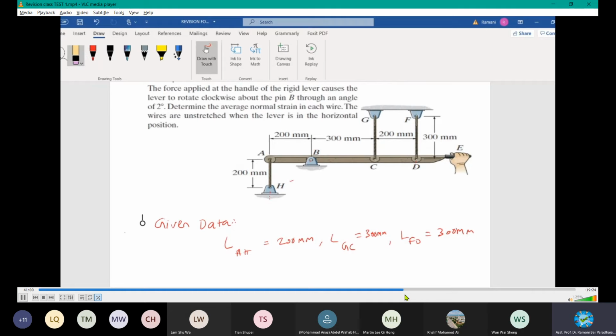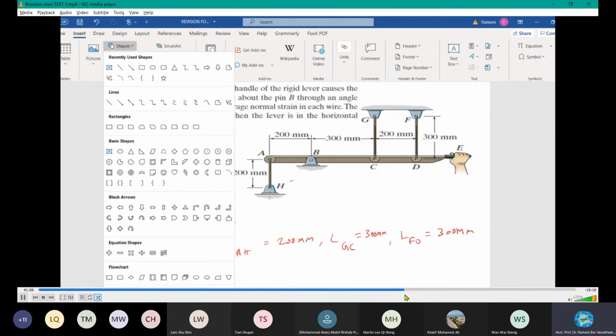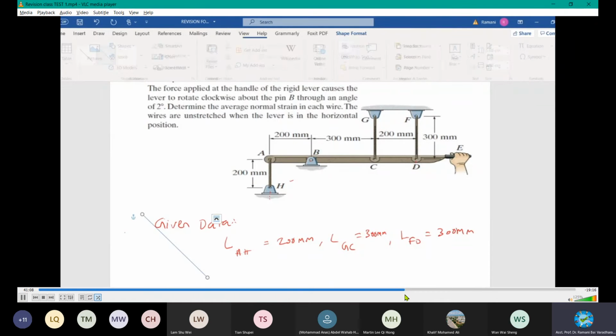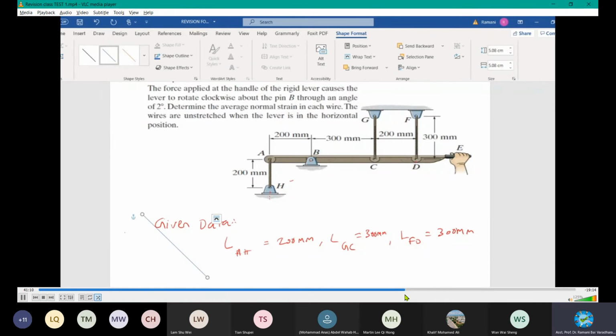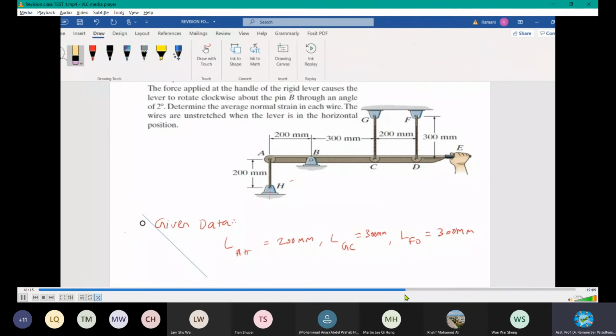The angle of deflection will be something like this. About the member, when there is a rotation in a clockwise direction, automatically the member will change. AE will change to AE dash, or AD dash, A dash D dash.